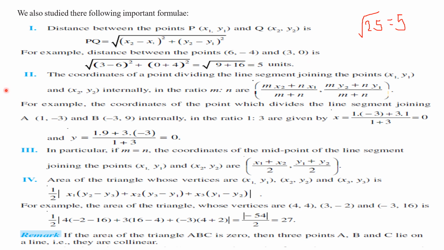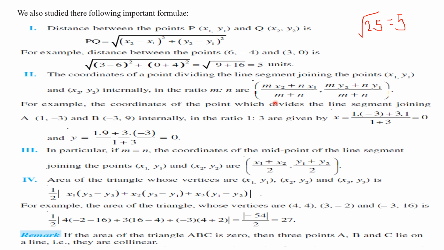Now come to the second point. The coordinates of a point dividing the line segment joining the points (x1, y1) and (x2, y2) internally in the ratio m:n are ((mx2 plus nx1) by (m plus n), (my2 plus ny1) by (m plus n)).